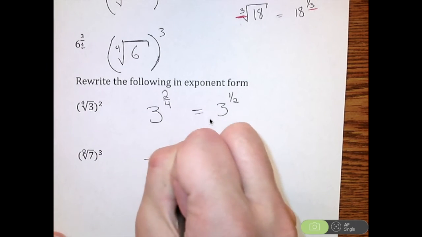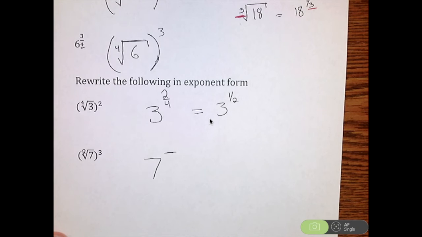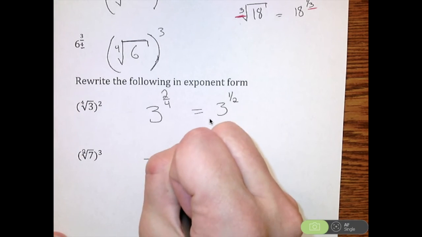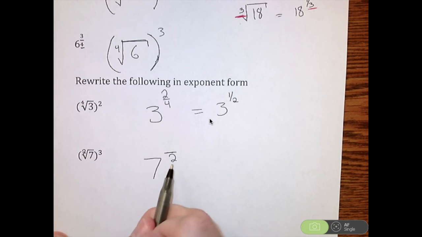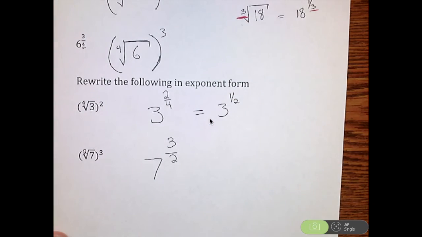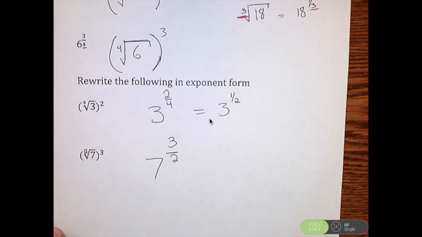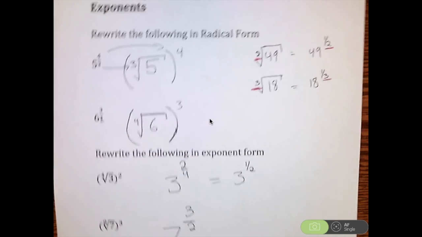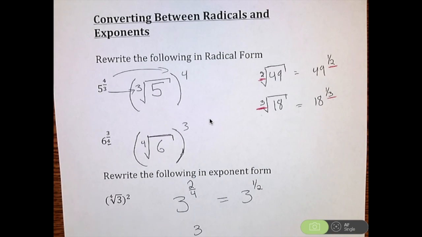I just have to figure out what my exponent is. It's the second root, so I'm going to put a 2 on the bottom. The root is the denominator, so that 3 is going to be on top. So this is the same as 7 to the 3/2 power. And that is converting between radicals and exponents.